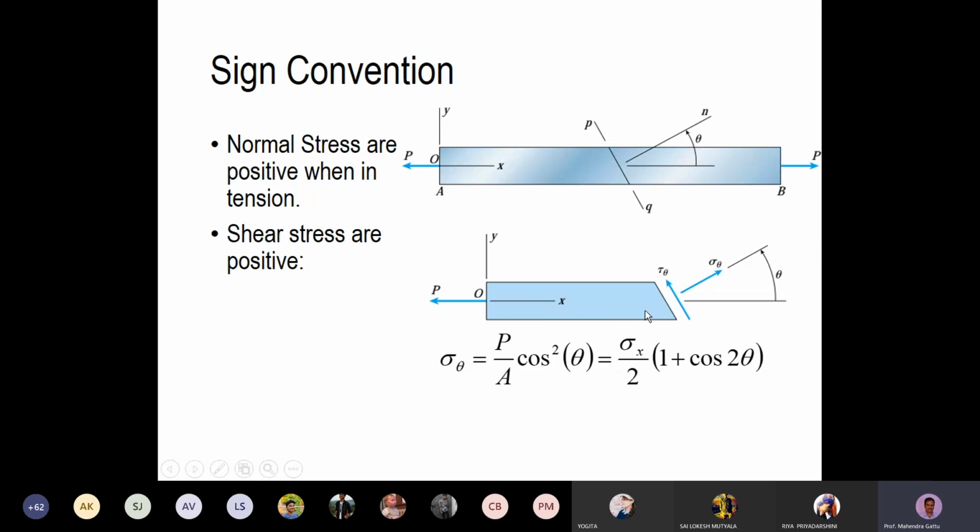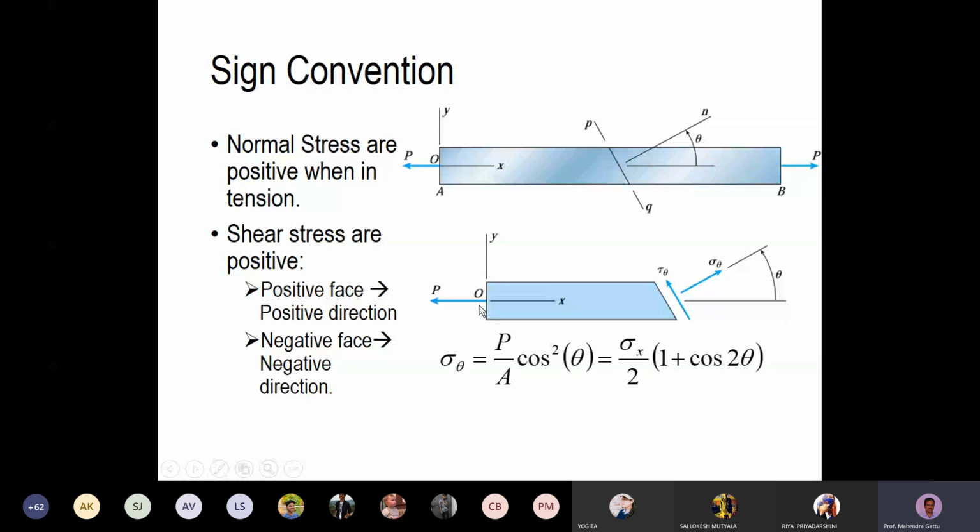And if you have the bottom face, which is a negative face, the shear stress should act in the negative direction. In that case it will be called positive. The shear stress is defined as positive when, on the positive face, it acts in the positive direction, and on the negative face, it acts in the negative direction. So the top face should act along the x-axis and up the incline, and the other faces should act along the negative y-axis and along the negative x-axis. Then the shear stress is positive.